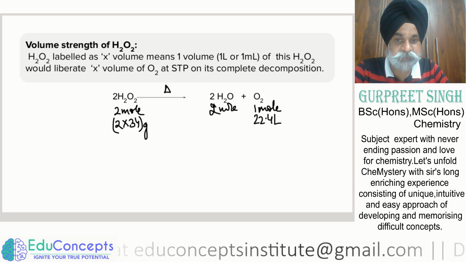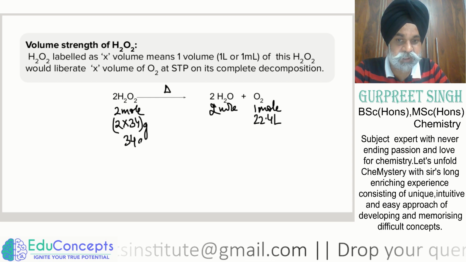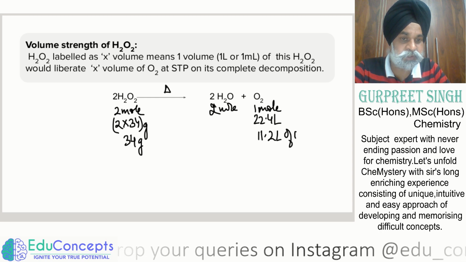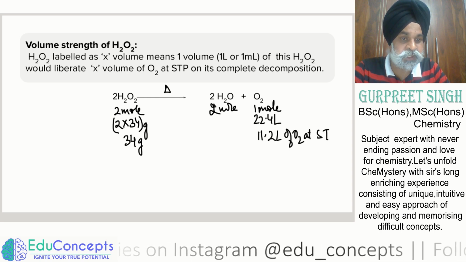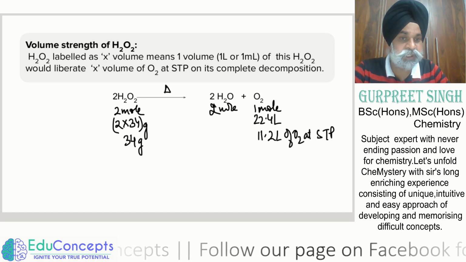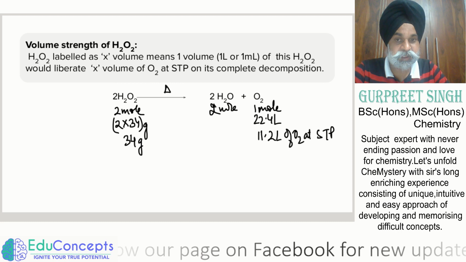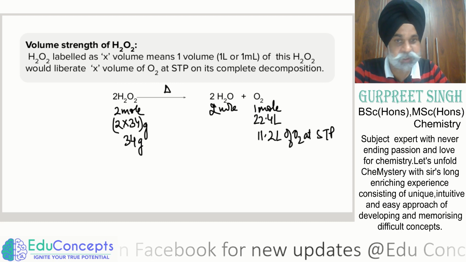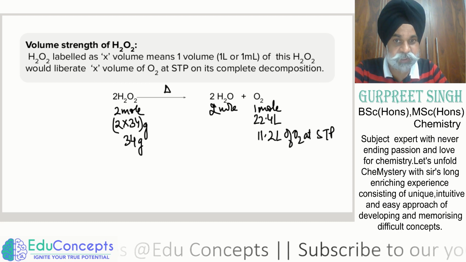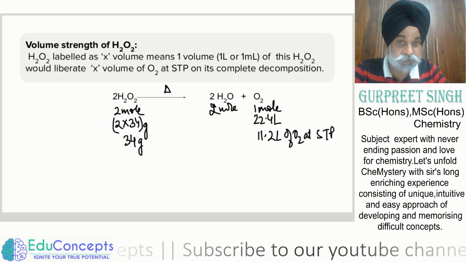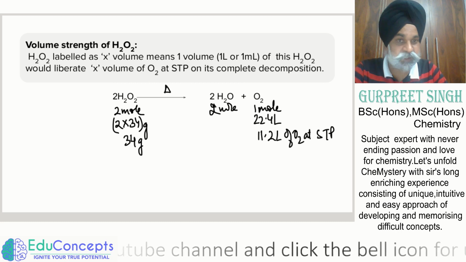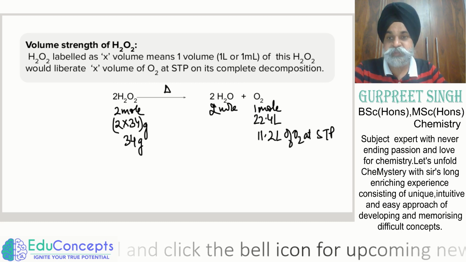And for 1 mole, 34 grams would produce this many liters of oxygen at STP. I have written it first because you should know that H2O2 decomposes like this. It's basically a disproportionation reaction, but that is not being asked in this particular topic. The discussion of this disproportionation reaction would be done in some other video in detail.